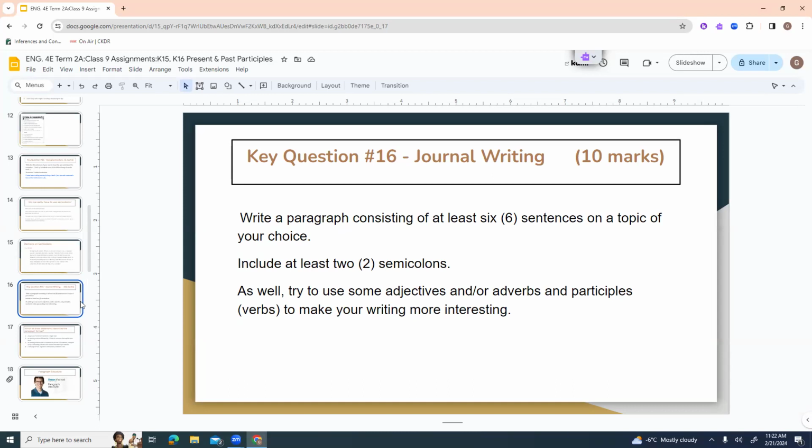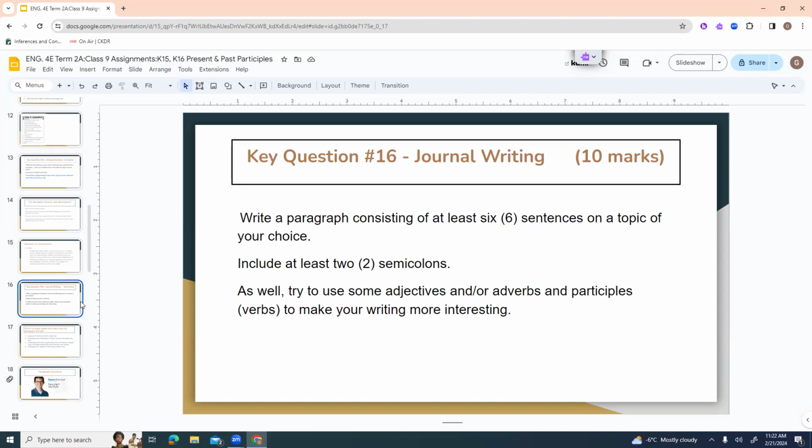As well, try to use some adjectives and adverbs and participles to make your writing more interesting. I think it'd be just about impossible to write a paragraph that did not include participles. Remember, participles are either the -ed or the -ing ending in writing.